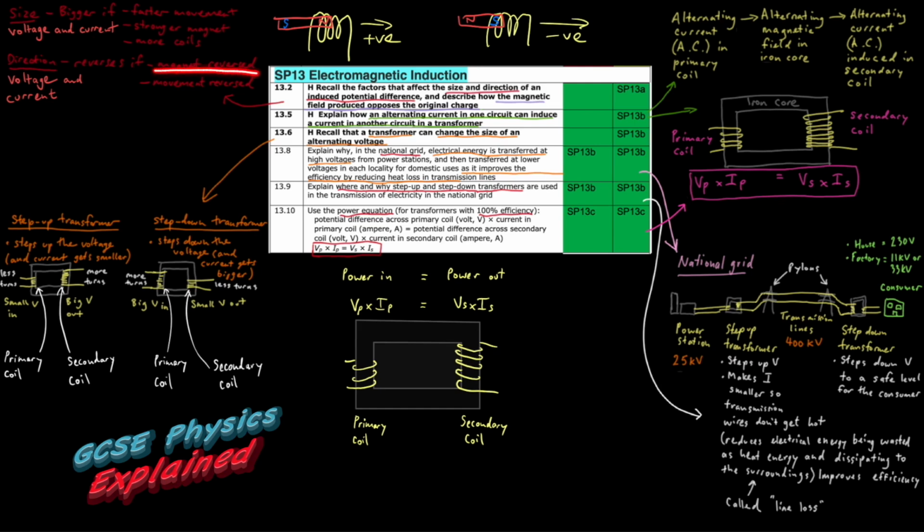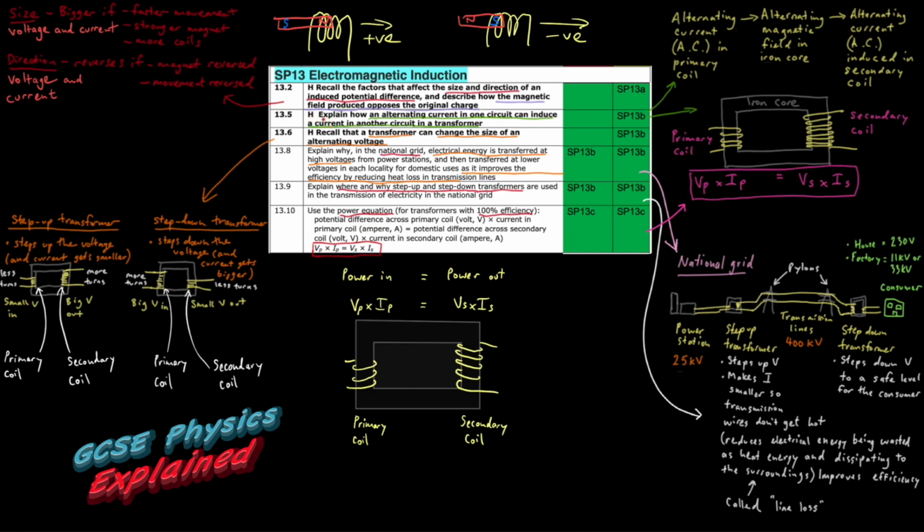So if the magnet gets reversed, or the pole gets reversed, that'll reverse the voltage and current. Just remember the word reverse. If you reverse the movement, it's going to reverse the voltage and current. Or if you reverse the magnet, it's going to reverse the voltage and current.